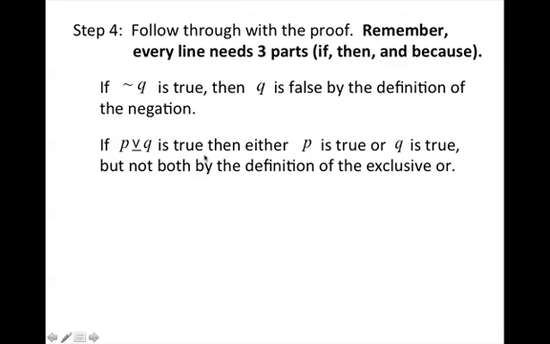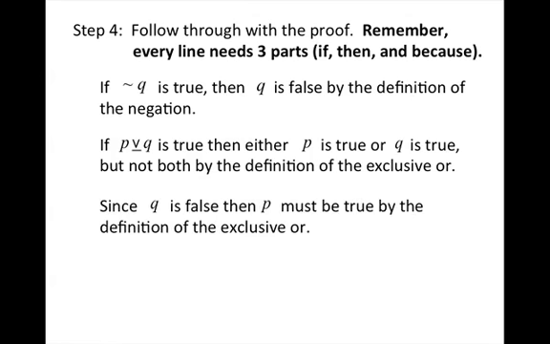If P or Q is true, then either P or Q are true, but not both, and by, or because, the definition of the exclusive or. So now I've taken something that I was told was true, and I've drawn a conclusion. So now I know either P is true or Q is true. I can use this later in my proof if I need to. I am going to use that in my next line.